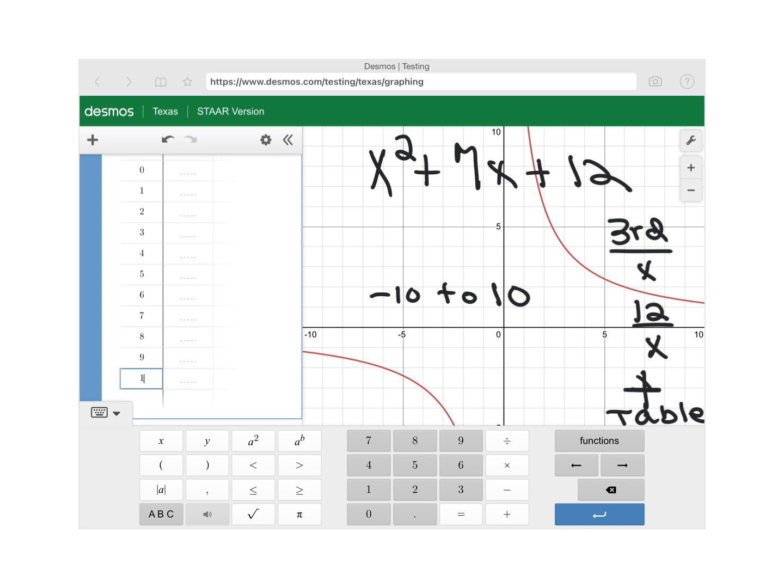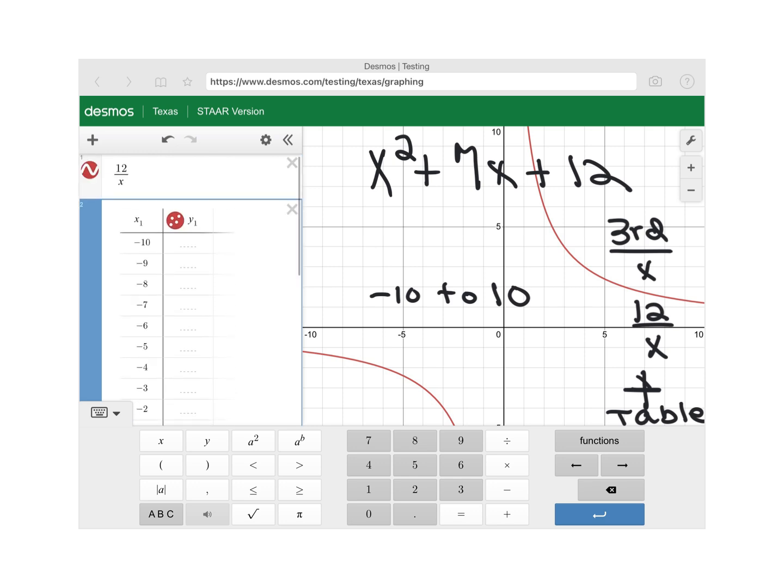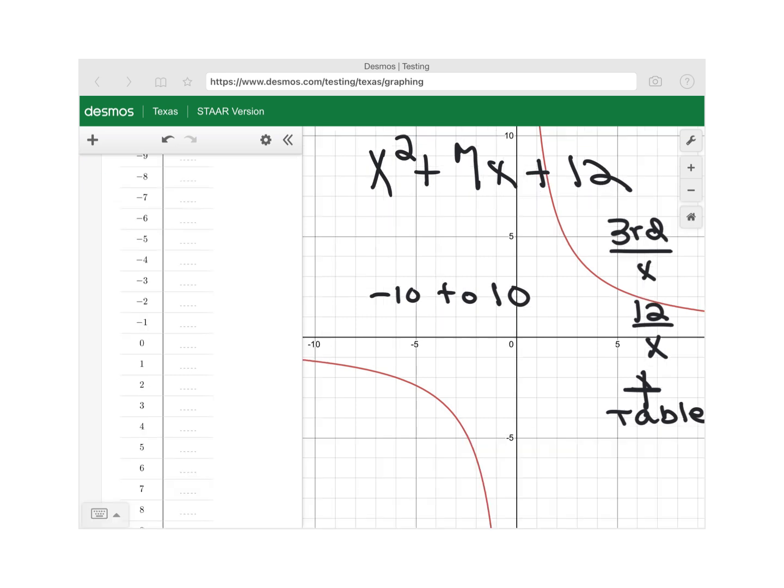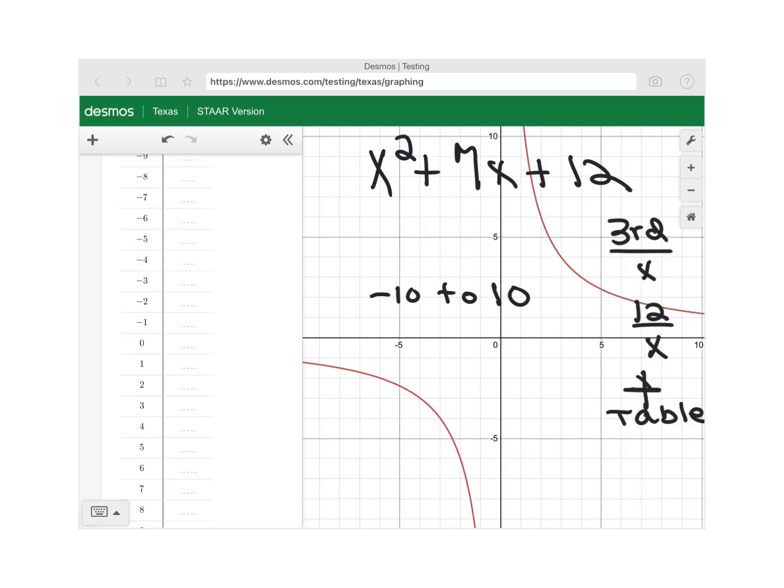All right, once I have entered in all of those numbers from -10 to 10, I want to go to the top of my table, and on the right-hand side where you see Y1, I am going to replace Y1 with 12 over X1.